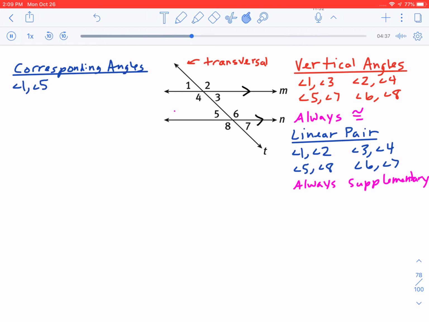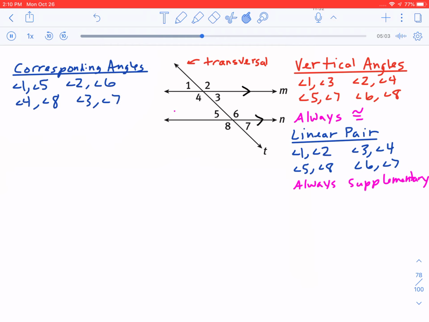is corresponding to angle 5. It's in that top left-hand corner. Angle 2 is corresponding with angle 6. It's in that top right-hand corner of those groups of angles. Angle 4 and angle 8 are also corresponding, and angle 3 and angle 7.